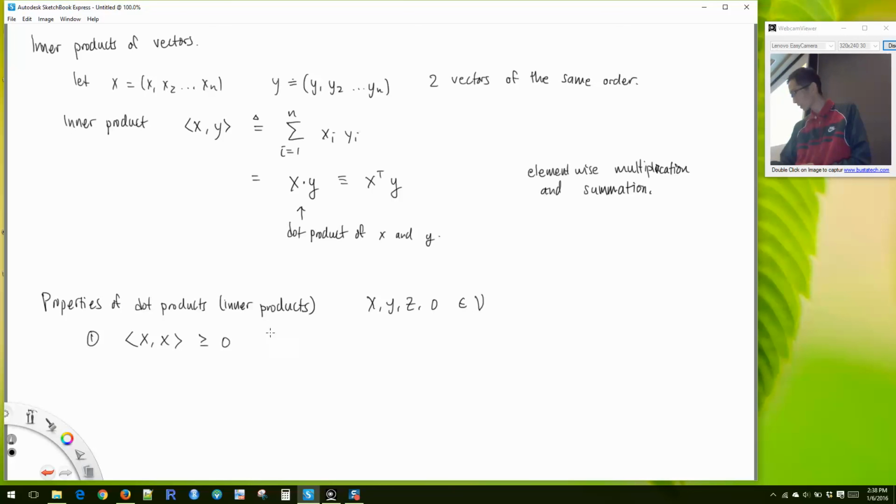And if the inner product is equal to 0, then x is the 0 vector. The inner product of x and y is the same as the inner product of y and x.